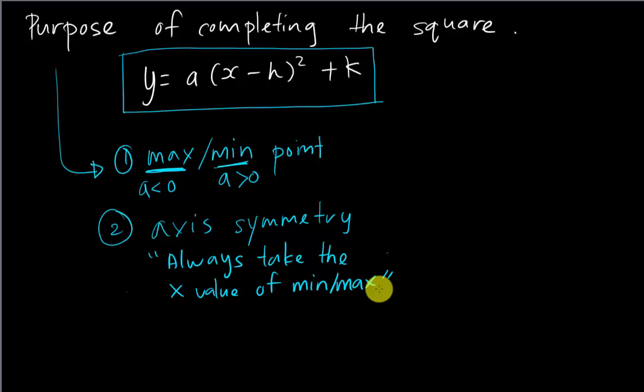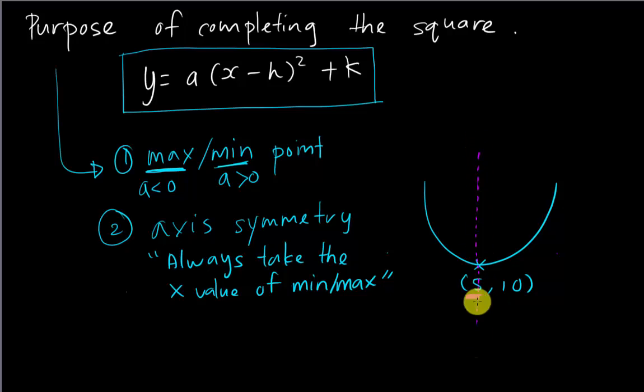Let me explain. Let's say I have a shape like this, and I tell you my minimum coordinates are (5, 10). The question asks you about the axis of symmetry. The axis of symmetry is a line passing through the x value of your minimum point or maximum point.